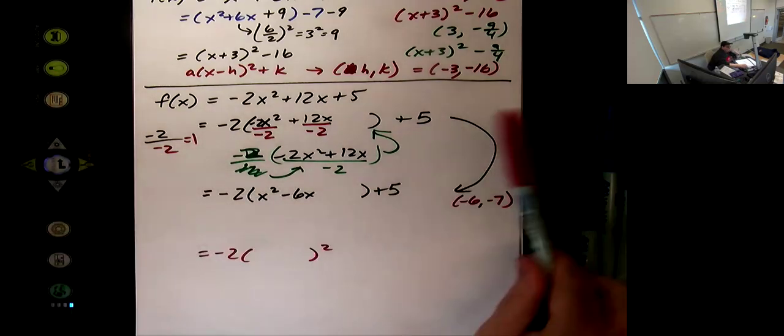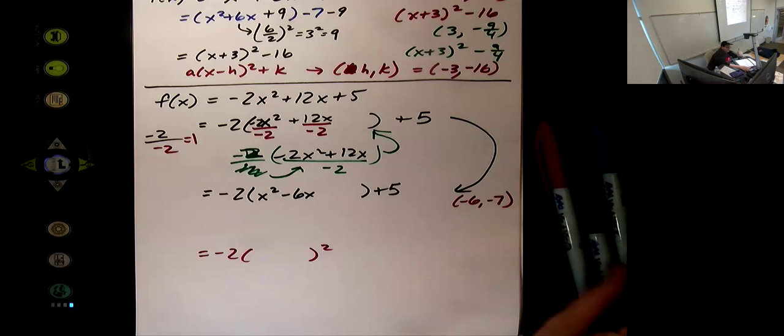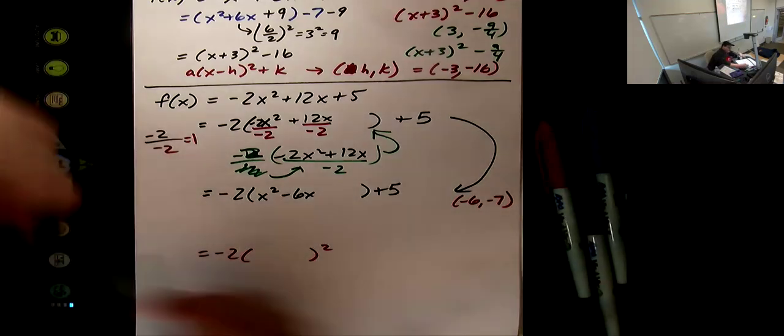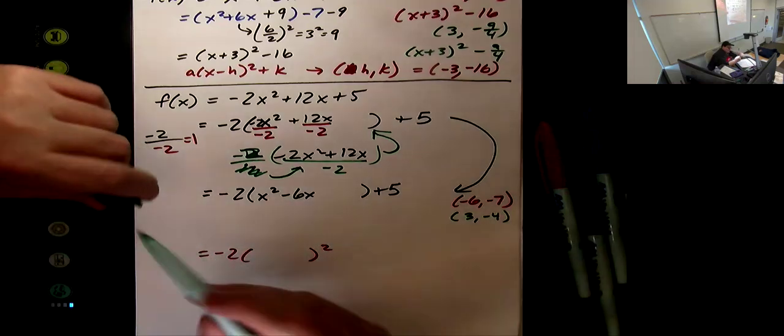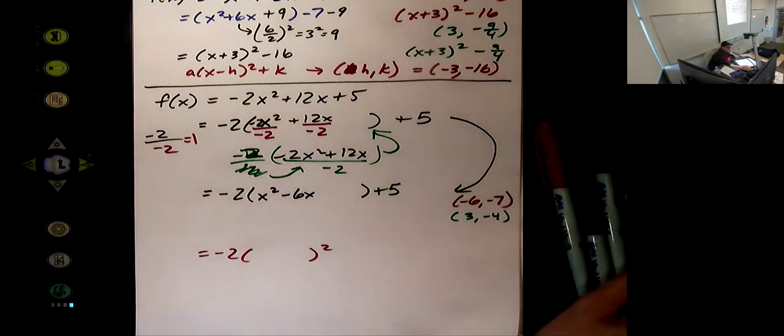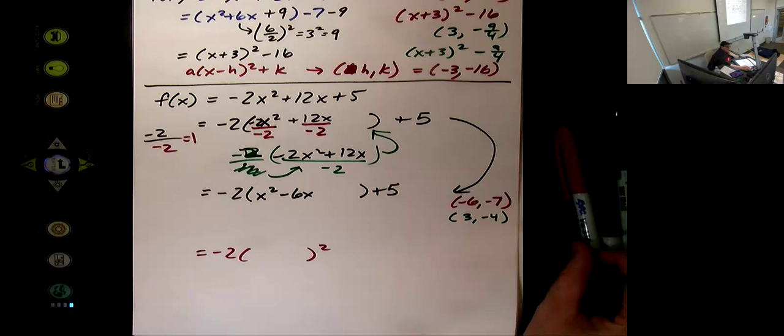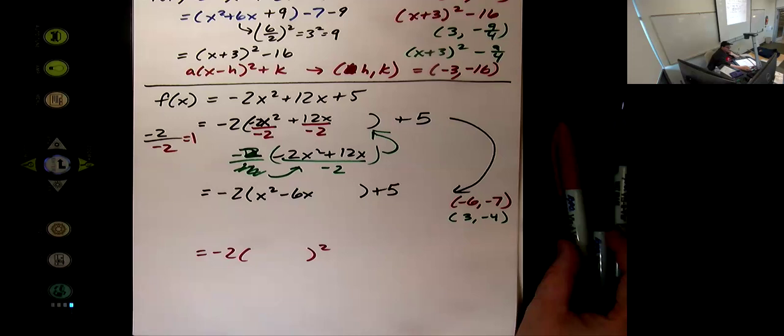My vertex is positive 3, -1. And you're getting 3, -4. Anybody else got something different? Give one more minute.